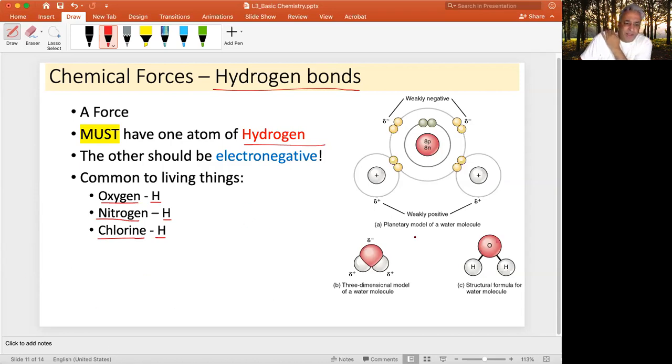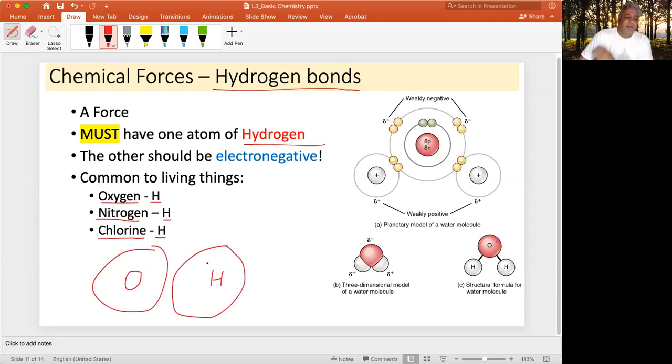So let me explain that in the example that's given here, right? We have an oxygen atom bonded to a hydrogen, and that has an electron going around the outside. As you know, oxygen likes to grab electrons. So when these two atoms share electrons to form a covalent bond, the electrons are spending most of their time over here in this relationship between oxygen and hydrogen.